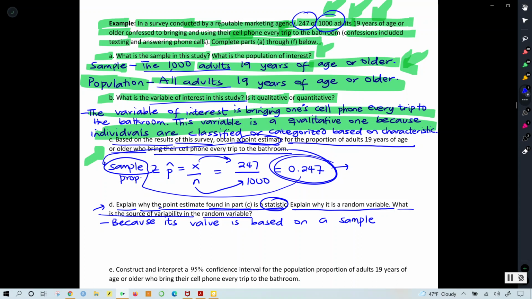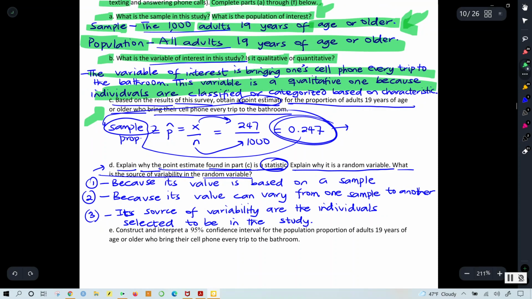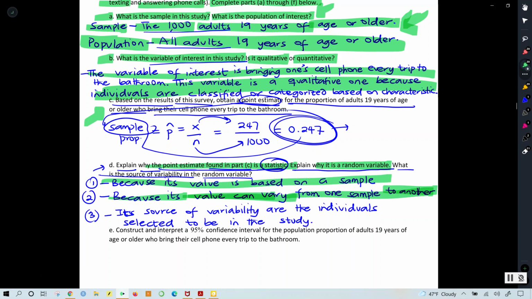So let's write this down too. So, as mentioned earlier, the point estimate found in part C is a statistic because its value is based on a sample. It is a variable because its value can vary from one sample you select to another. And why will it vary from sample to sample?